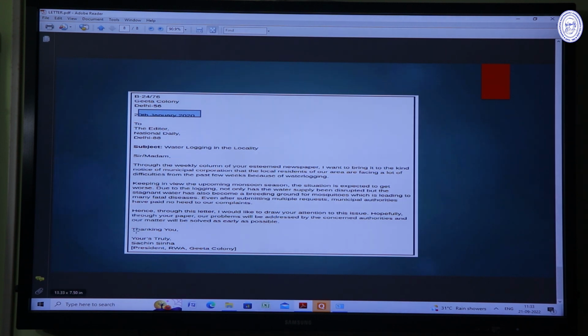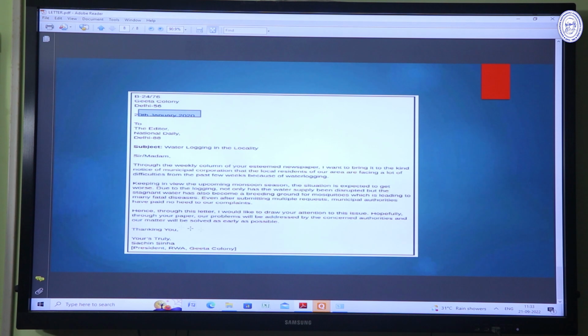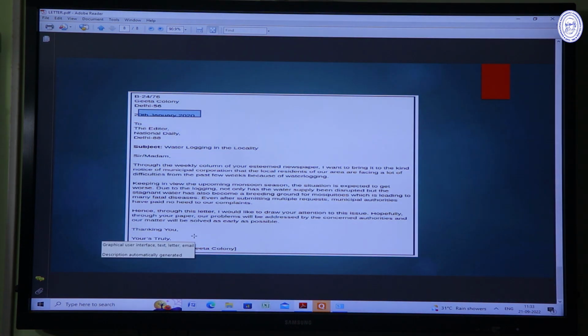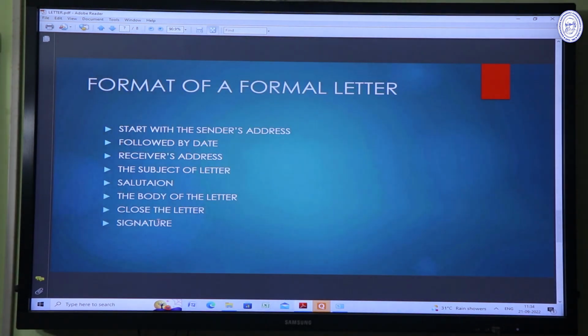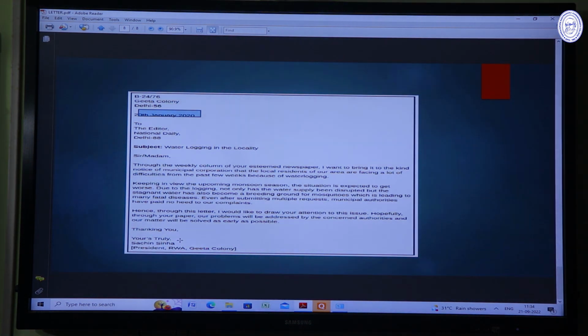And you can see the thanking you, which means closing the letter. Then the signature, where you identify yourself, mentioning your name and your position, your designation.